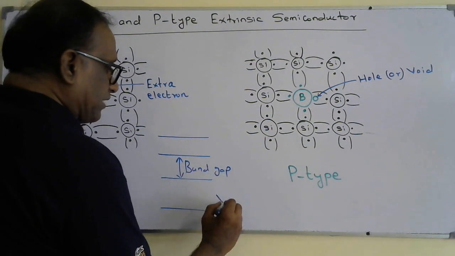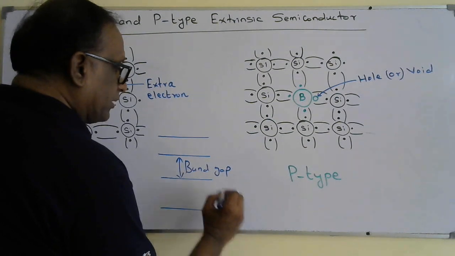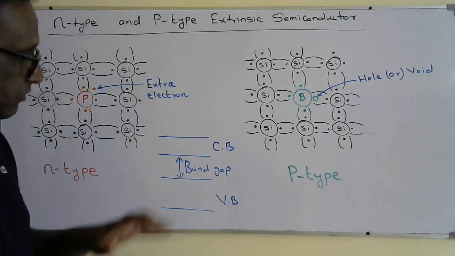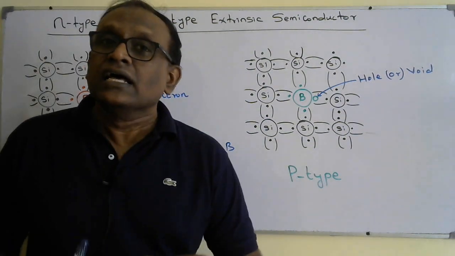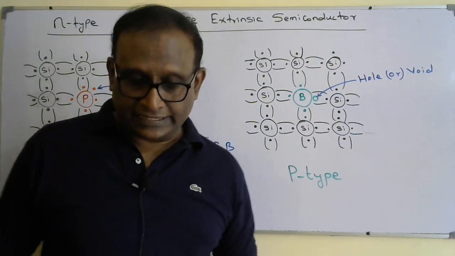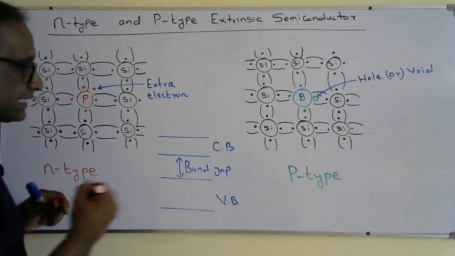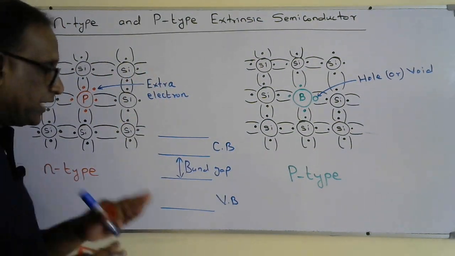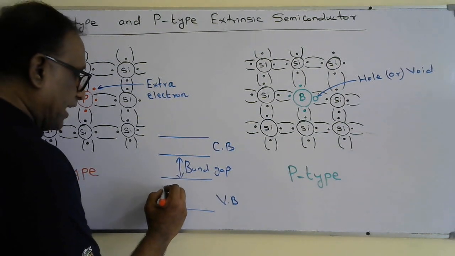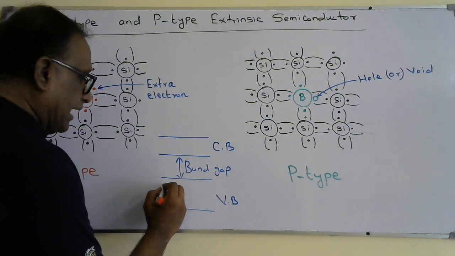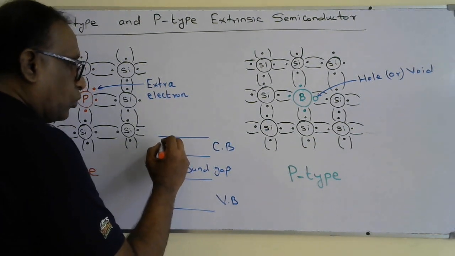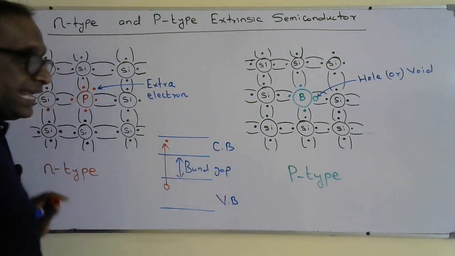This is the valence band, which I shortly write as V.B., and the conduction band, C.B. When I was explaining electrical conduction in intrinsic semiconductor, which is pure semiconductor, I told you that when an electron is excited from the valence band to the conduction band, it will leave a hole in the valence band and the conduction band will get the free electron.